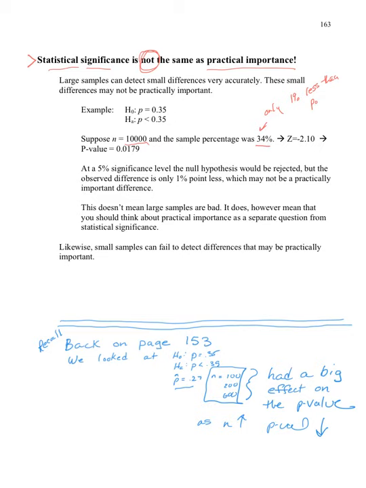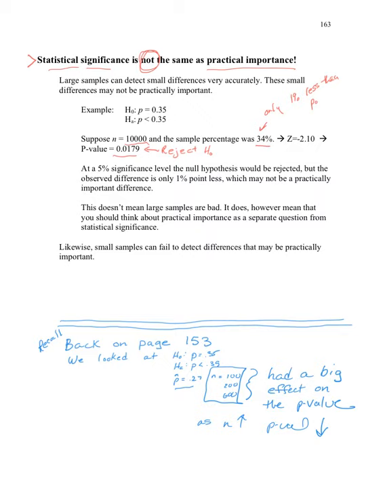If that was the case, but we had such a huge sample size, our test statistic would be minus 2.10, and our p-value would be 0.0179. And at the 5% significance level, we would reject the null hypothesis.